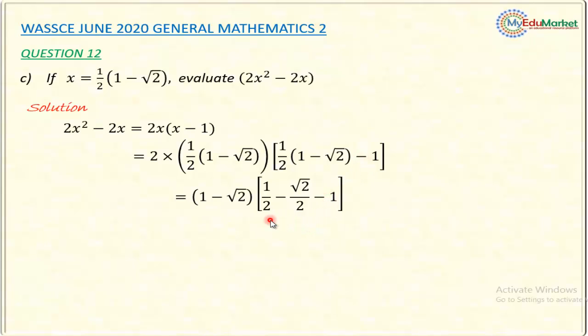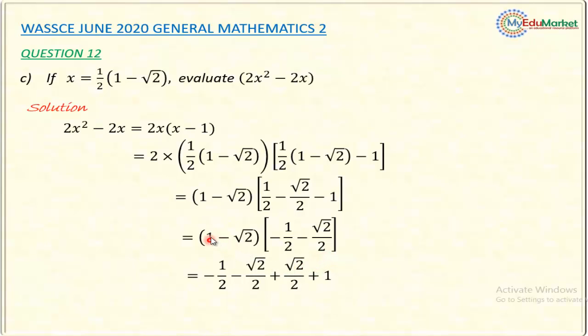So we continue. Simplifying this very bracket, 1 over 2 minus 1, they are alike if I collect them. 1 over 2 is simply half, half minus 1 will be minus half, then I'll copy minus root 2 all over 2. I continue.